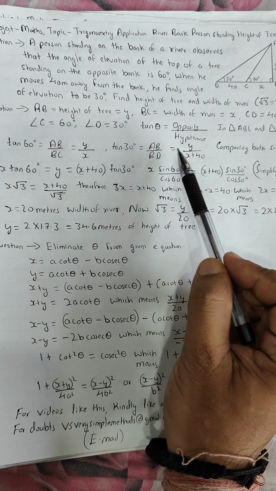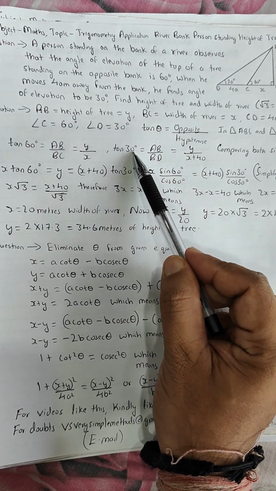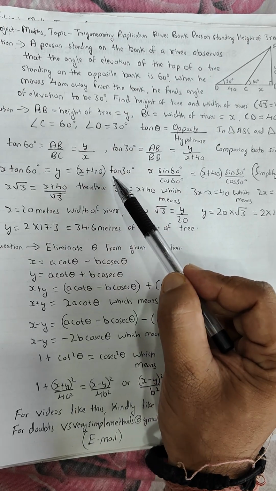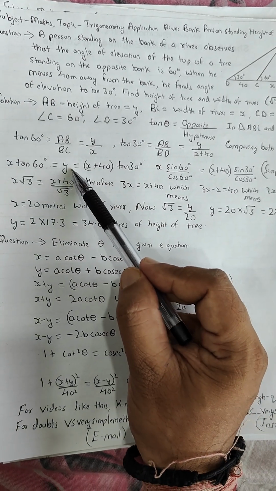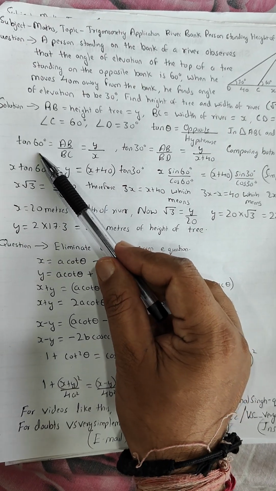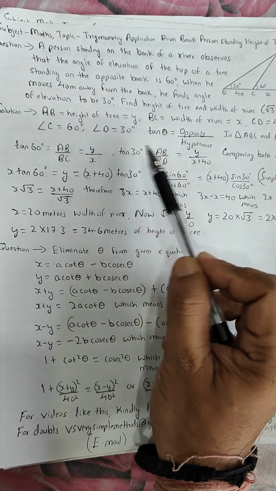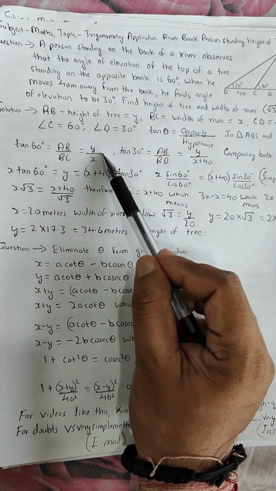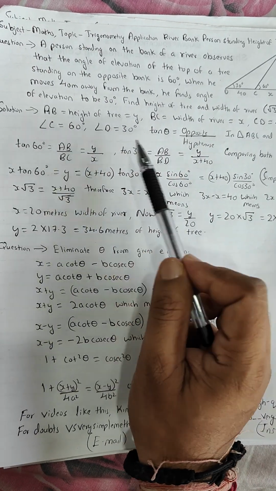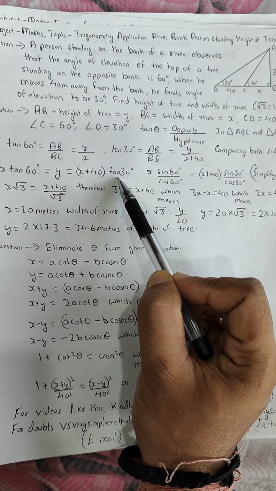Similarly, if tan 30 is y upon x plus 40, y वहीं पे रहेगा, x plus 40 will shift over here, it will multiply with tan 30 and this becomes x plus 40 into tan 30. मैंने दोनों के बीच में y क्यों लिखा है? Because here x tan 60 is y and here x plus 40 into tan 30 is y. y is common in both of them. So we can equate, अगर right hand side दोनों का equal आता है तो left hand side भी equal होता है. I can equate x tan 60 equal to x plus 40 into tan 30.